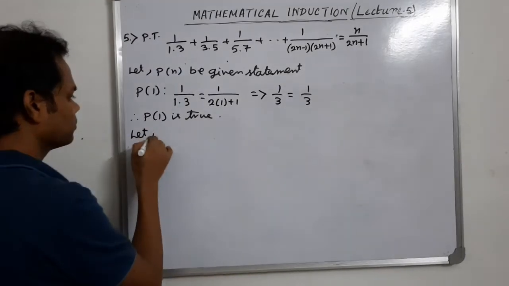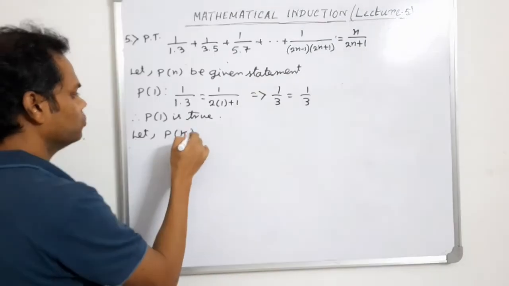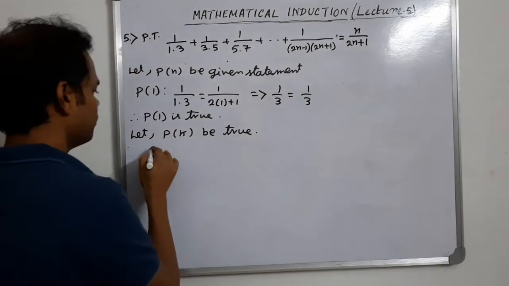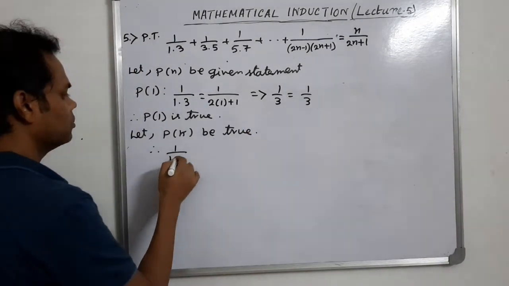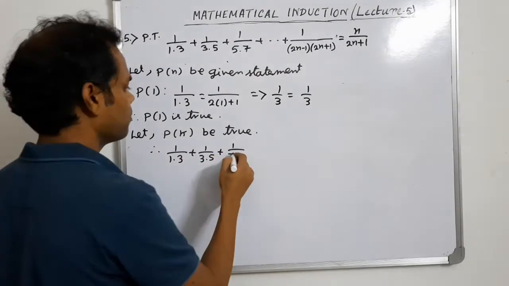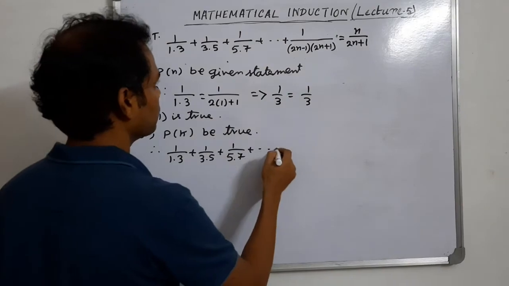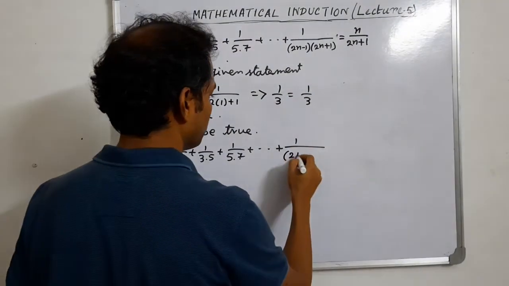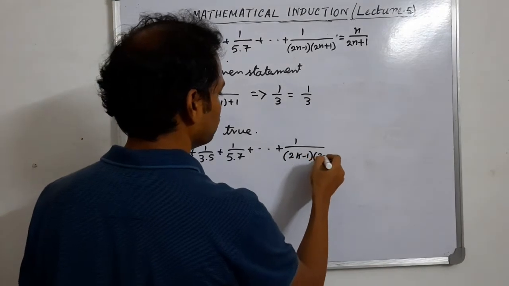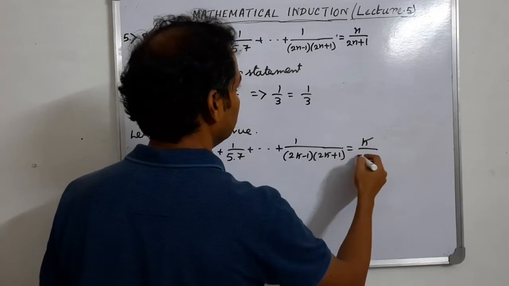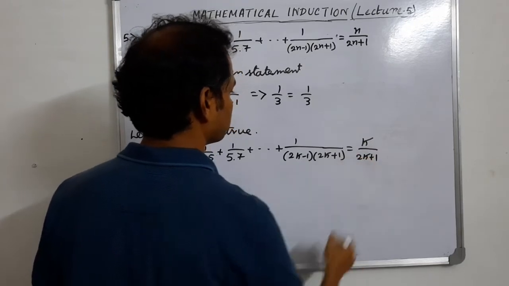Let Pk be true. Therefore 1/(1·3) + 1/(3·5) + 1/(5·7) + ... + 1/((2k minus 1)(2k plus 1)) equals k by 2k plus 1.